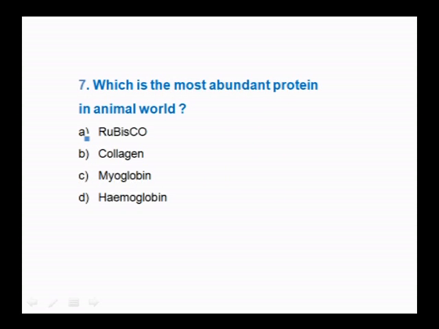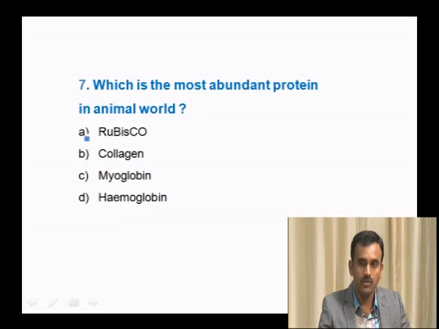Next question. Which is the most abundant protein in the animal world? As I told you while giving the synopsis, collagen is the most abundant protein in the animal world. Collagen forms the bundles of collagen fibers, which give flexibility and strength to tissues like areolar tissue, bone tissue, etc. Rubisco is the most abundant protein in plants.